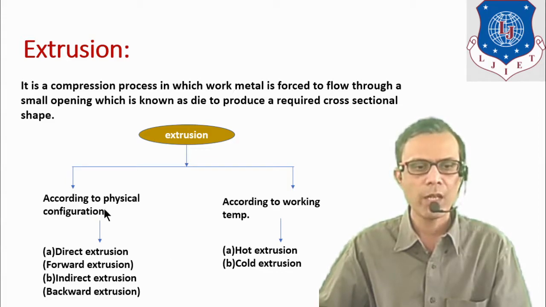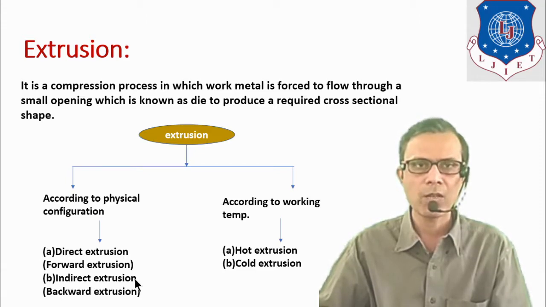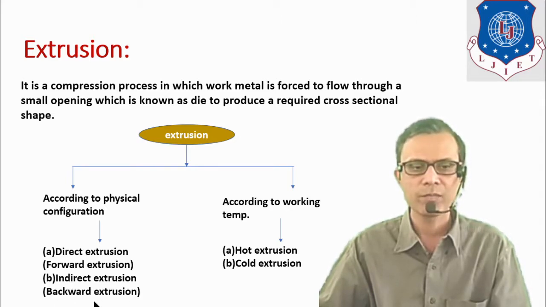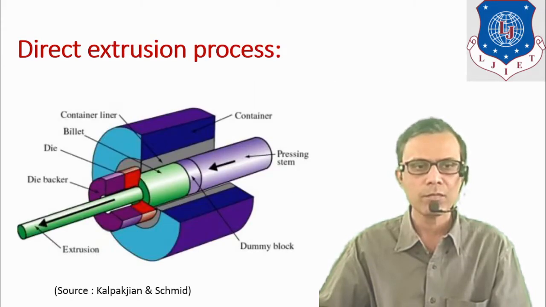As per physical configuration, extrusion processes are classified in two types. First one is known as direct extrusion, also known as forward extrusion, whereas second one is indirect extrusion, also known as backward extrusion. Let's see each process in detail.